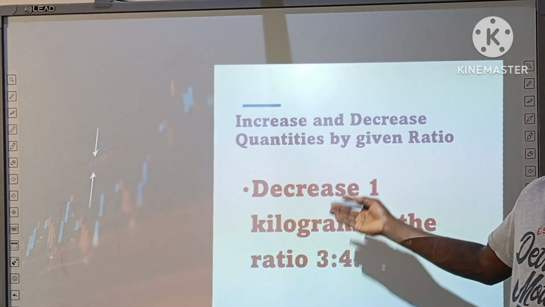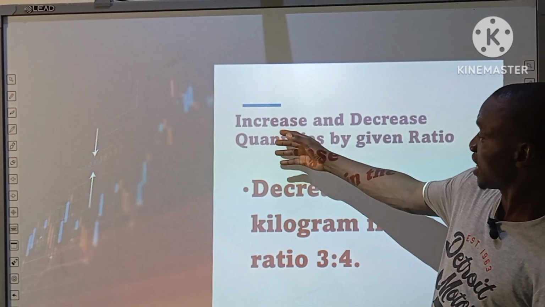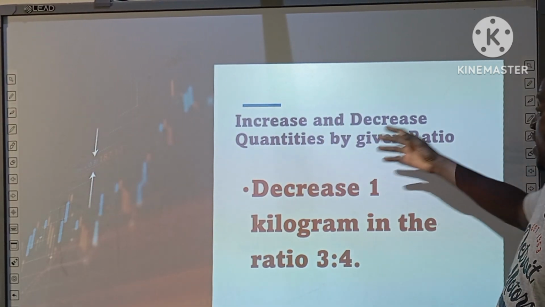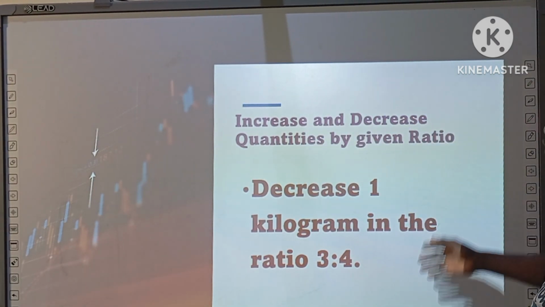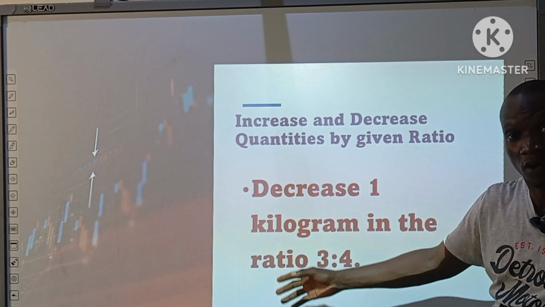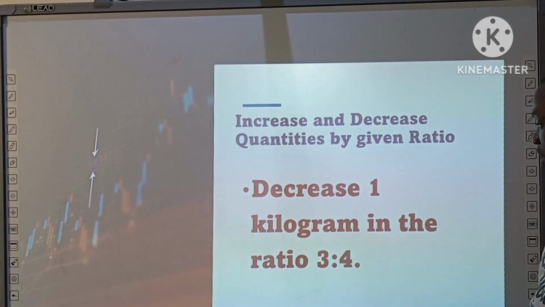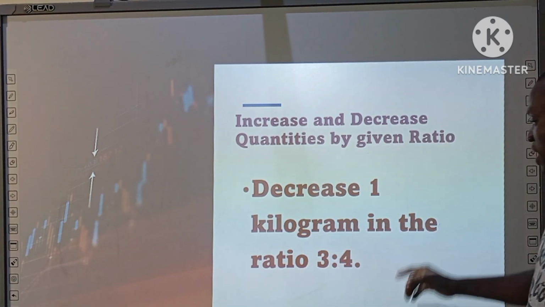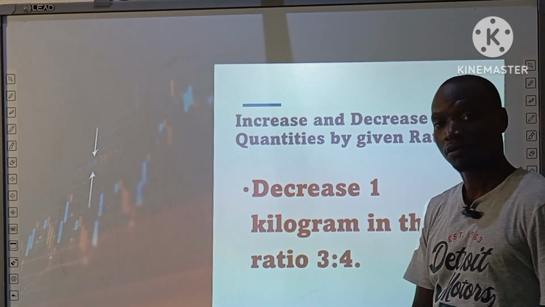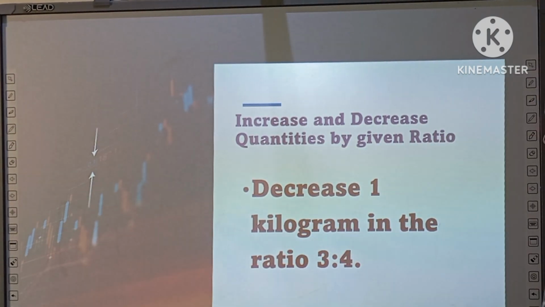Now, this is our next question. We are still on the topic to increase and decrease quantities by given ratio. Now, in this question, we are asked to decrease 1 kilogram in the ratio 3:4.